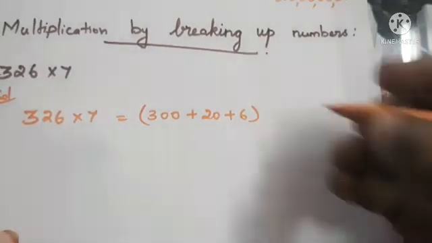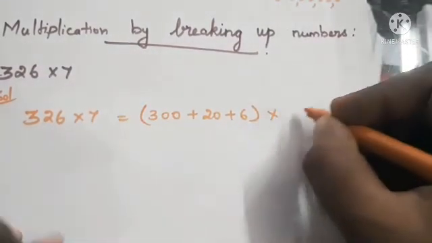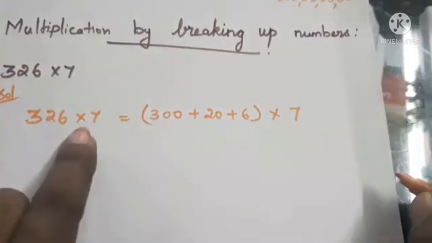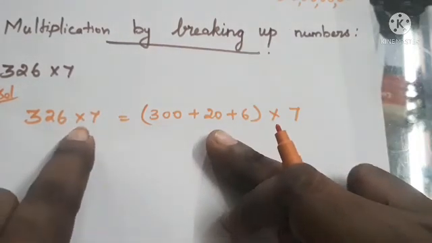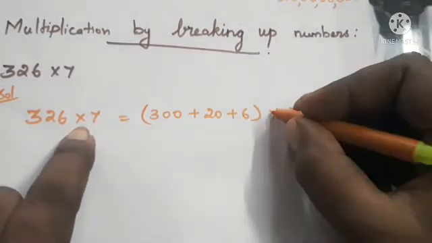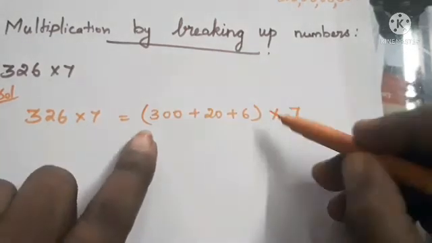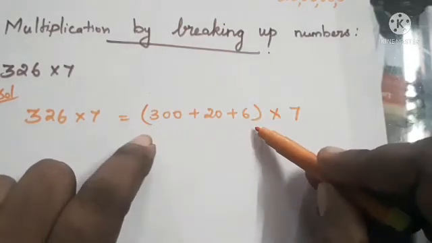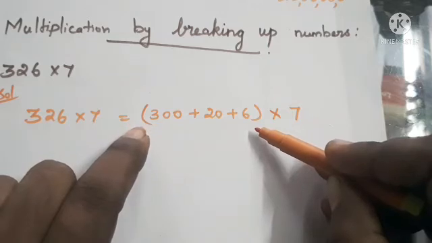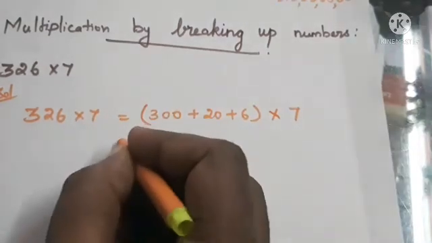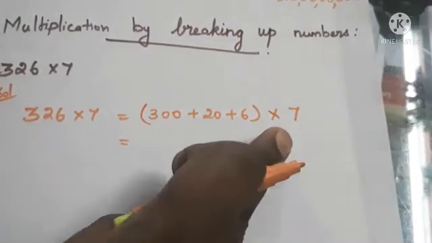Next we are going to multiply by 7. Having written the number in this form, we then put the multiplication symbol and 7. One more thing: you have to put the bracket. If you are breaking a number, it must be inside the bracket. Next we multiply each number by 7.